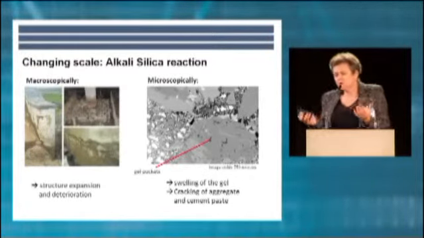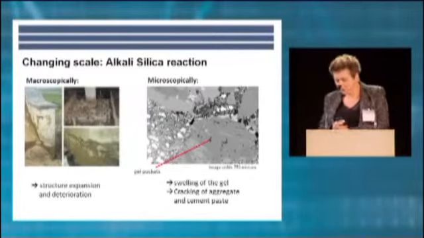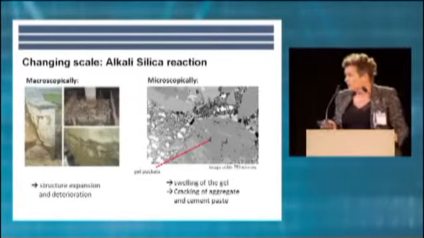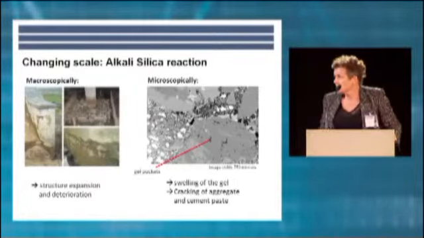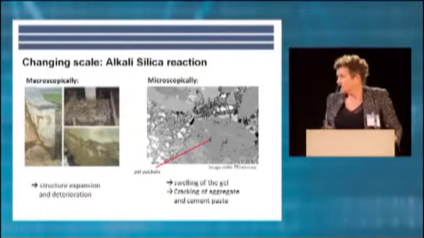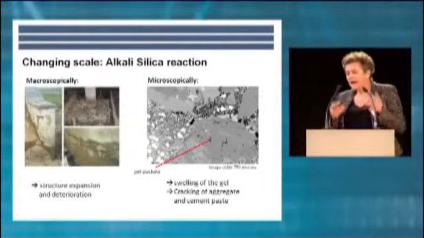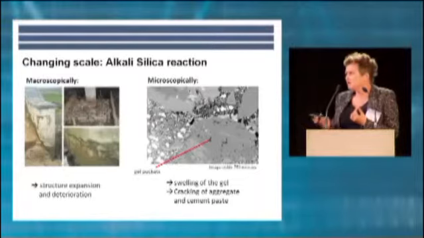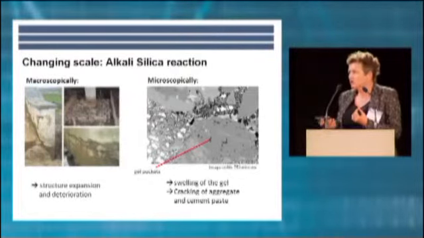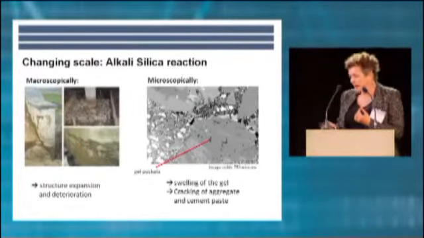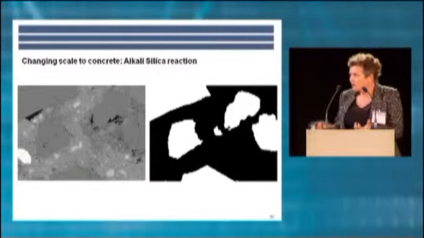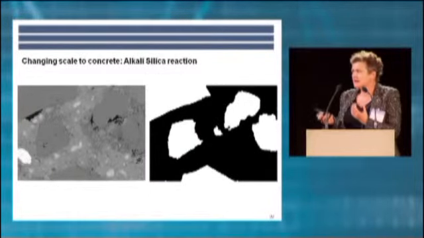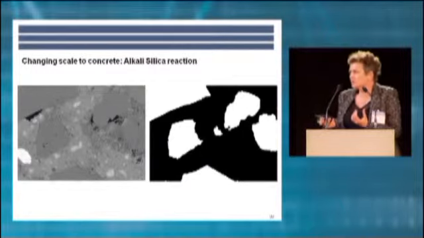Swapping scales, because we're not just working at cement paste level, we're also working on durability problems. Here are some small slides from the issue of alkali-silica reaction. And again, what we're trying to do here is relate what's happening in the microstructure to what's happening macroscopically. And we can do this by really understanding what the microstructural processes are.